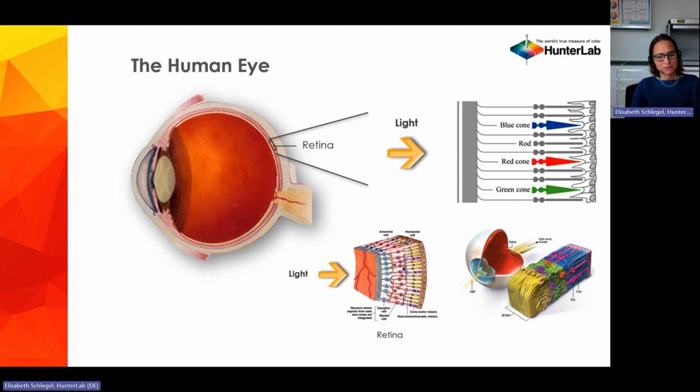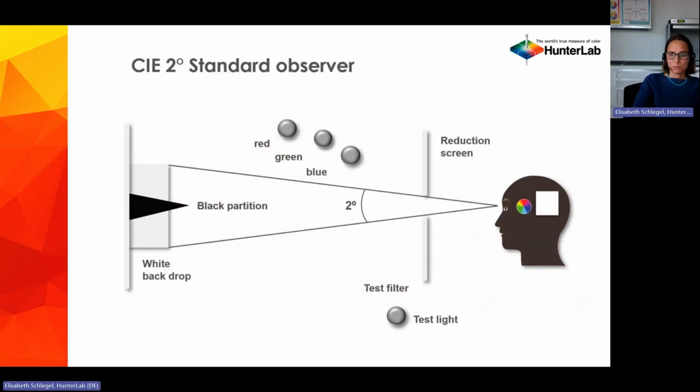And now to translate that into something objective, a big experiment was done with many people to quantify this sensitivity of the human eye. This test was carried out with many different test subjects, and corresponding to the cones in the eye, red, green, and blue light sources were used. So how was the setup?